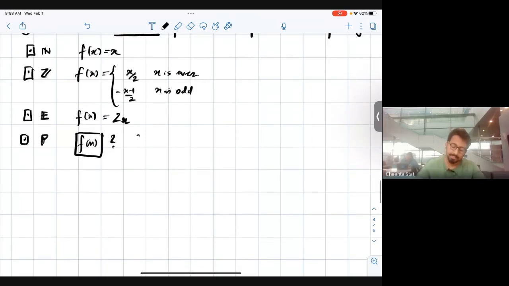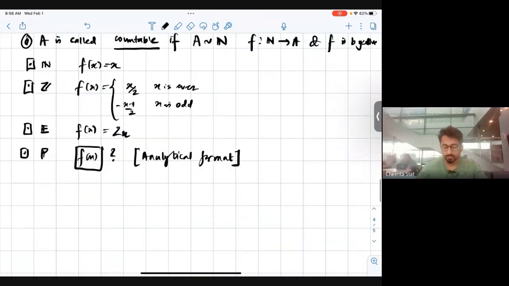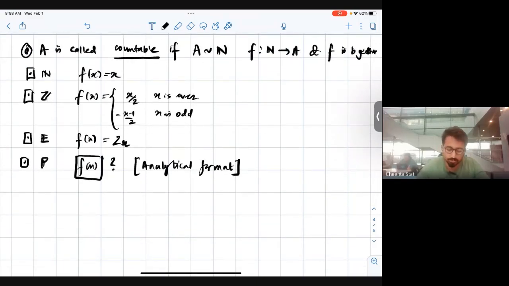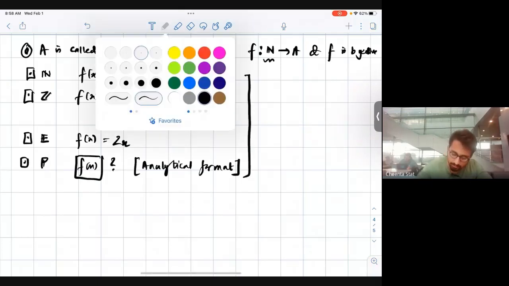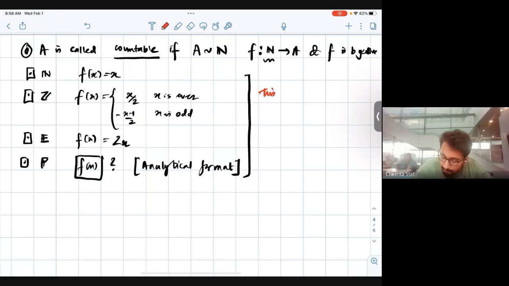Like in an analytical format, that's what number theory mathematicians are trying to find, right? So how to do it for this case where you cannot find a function similarly? We will also show some interesting problem, but I will come to that. So we have got examples of countable sets, right, which have a bijection with the natural numbers. In some sense, since it is 1-to-1, essentially you're taking f(1) to be some number, f(2) to be some number, f(3) to be some number, right?